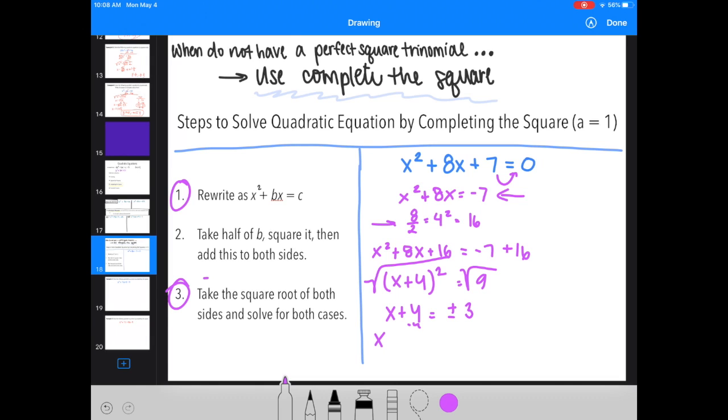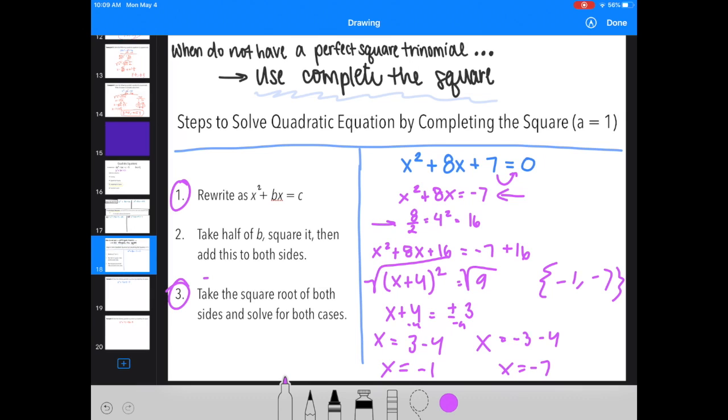Now I simplify. So I'm going to minus 4 over. x is equal to 3 minus 4, and x is equal to negative 3 minus 4. So x is equal to negative 1, and x is equal to negative 7.